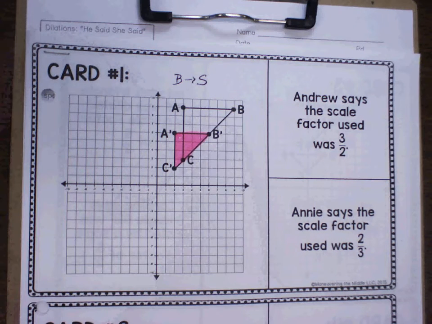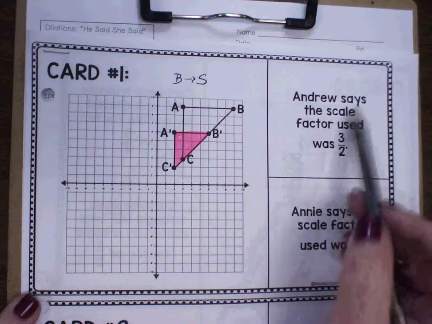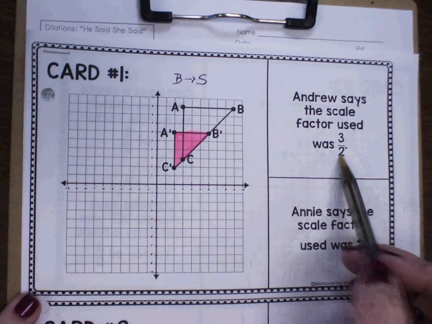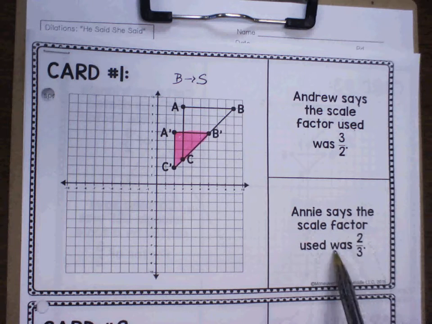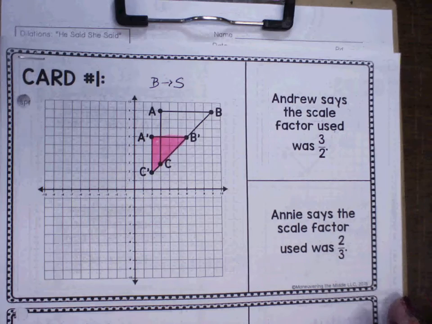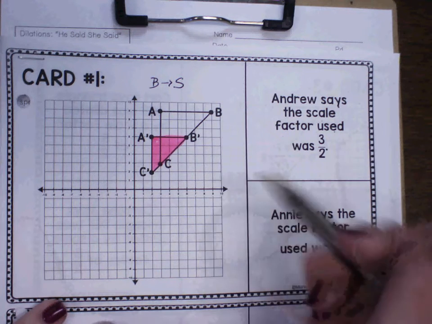I am only going to color the new one. So this one goes from big to small, right? Because the other triangle is bigger. Can you see it? Stop tuning me out. Come on, babies. Yes or no?